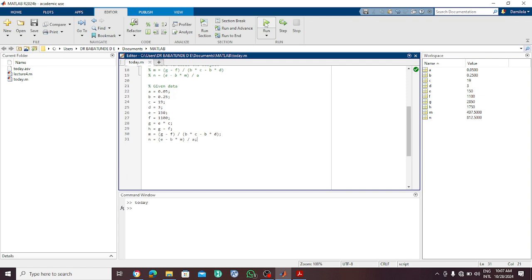So the solution is in our workspace because I have not asked it to display it, but let me ask it to display so that you can see it.